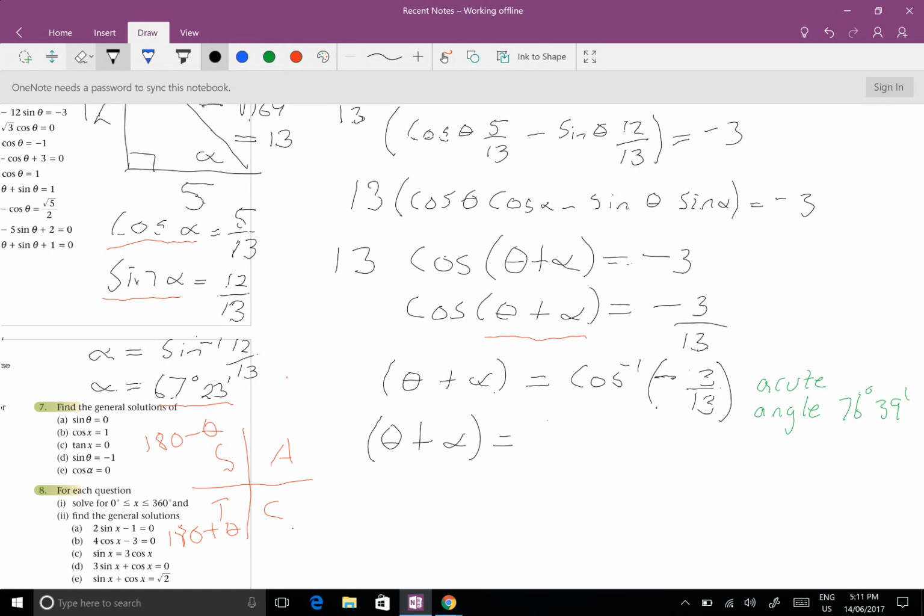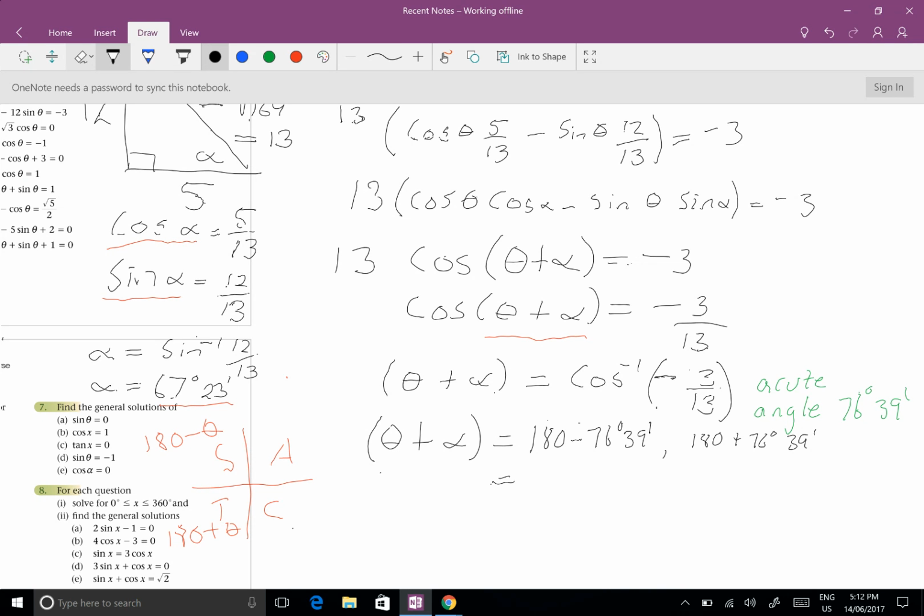So back to here, to find where cos is negative, I have to go 180 minus the acute angle and 180 plus. So it's 180 minus 76 degrees and 39 minutes. But it can also be in the other quadrant, so it can be 180 plus 76 degrees, 39 minutes.